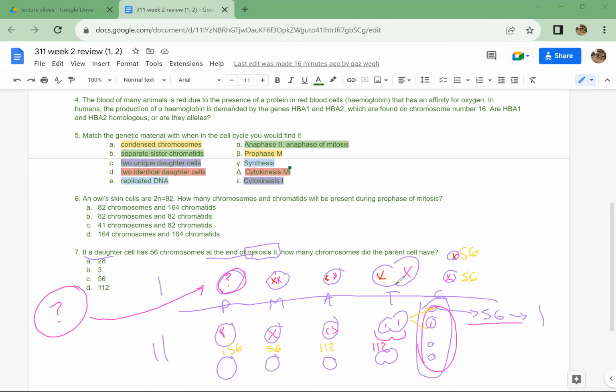However, before they split apart into their own distinct daughter cells, this is a single chromosome, and there are 56 of them. We're just working our way backward. We have 56 here, represented by one chromosome, and 56 here.